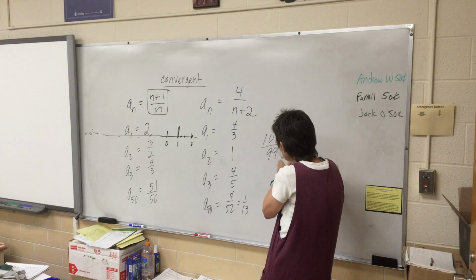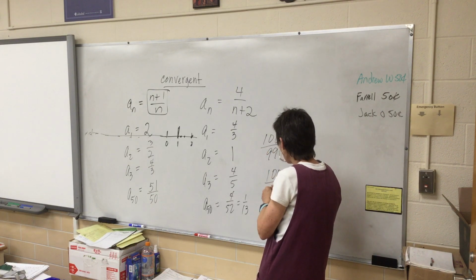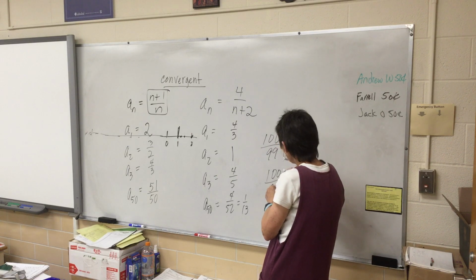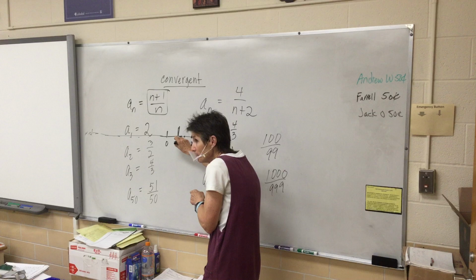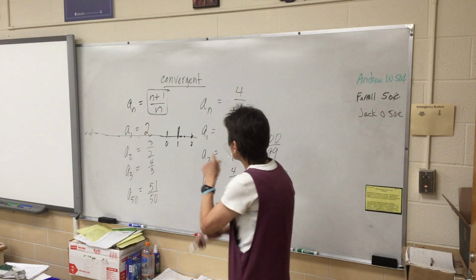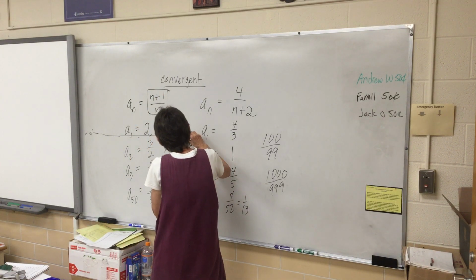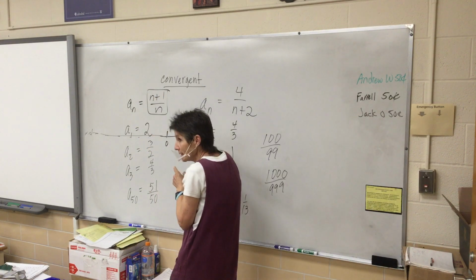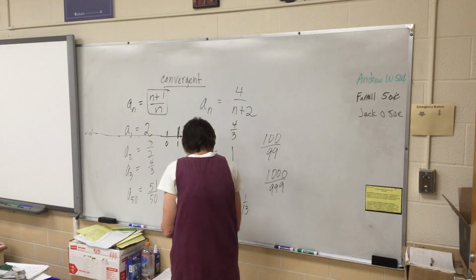Now, 100/99 and 1,000/999, this one is closer to 1, it's smaller, but they're not going to go past 1. Agreed? This sequence is convergent, and it converges to 1. It gets closer and closer and closer to 1.